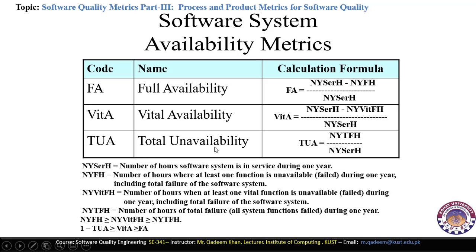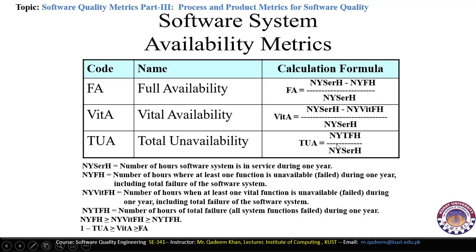So the total unavailability metric is equal to NYTFH divided by NYSERH, where NYTFH is equal to the number of hours of total failures.